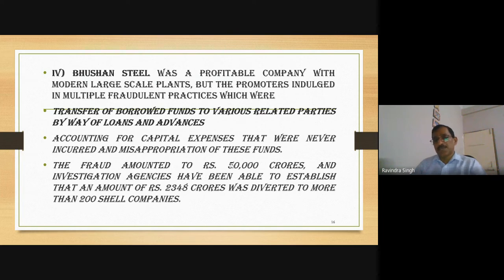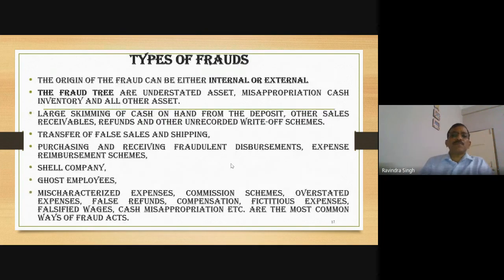But surprisingly, if you issue any notice or letter on the address which is not existing at all, you will get well worse reply. I myself being an investigating agency, I go daily on these subjects, and I find that there is no non-compliance of any notices and all. These are the shell companies.